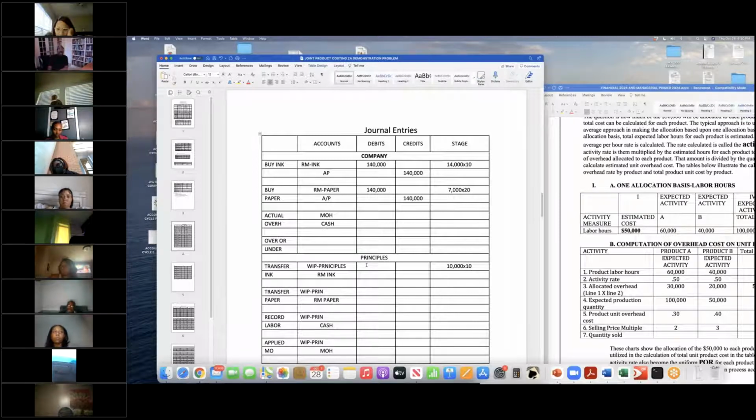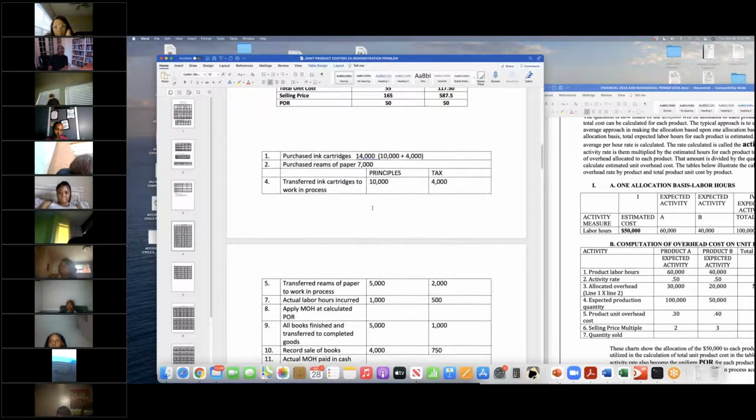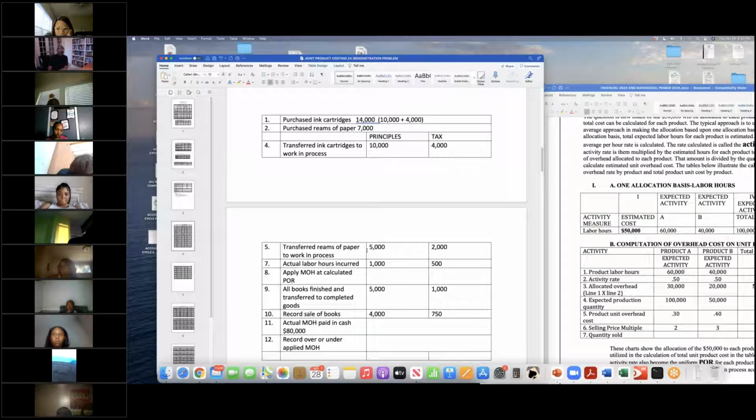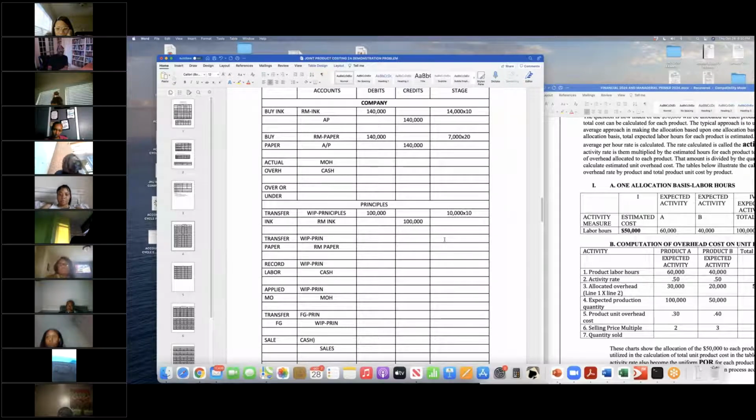What's our amount going to be? 100,000. Then next, how many reams of paper did we transfer in? 5,000 for the principal's book, times 20. That becomes 100,000 again.